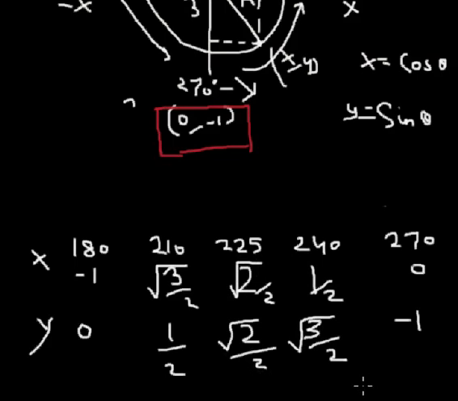Now if you look at the last value and the first value in the x and y coordinates, you can see a negative value. So everything is negative in the third quadrant. All values are negative. So I have negative square root of 3 divided by 2, negative square root of 2 divided by 2, negative 1 by 2. These are the values in the third quadrant.